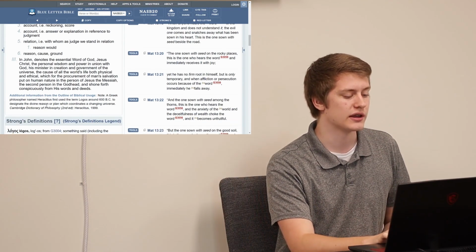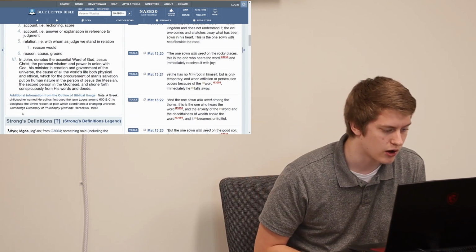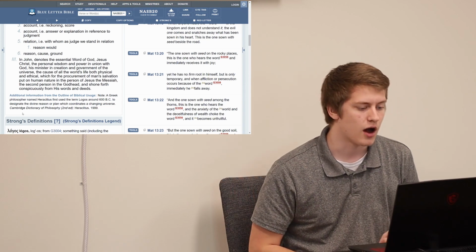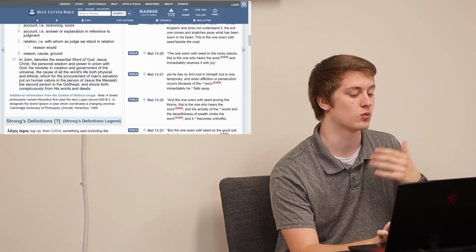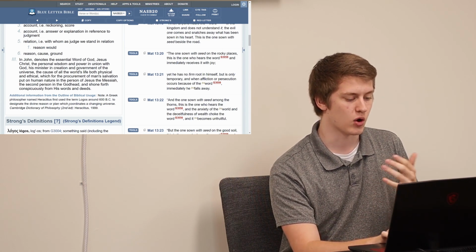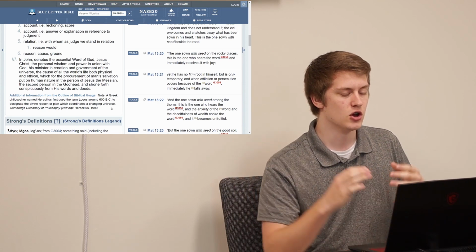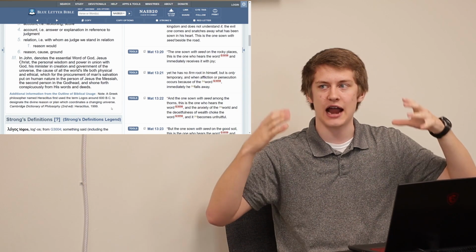And this is also really cool. It talks about a Greek philosopher named Heraclitus, who first used the term logos around 600 BC to designate the divine reason or plan which coordinates a changing universe. So kind of the logos as this divine order of things.